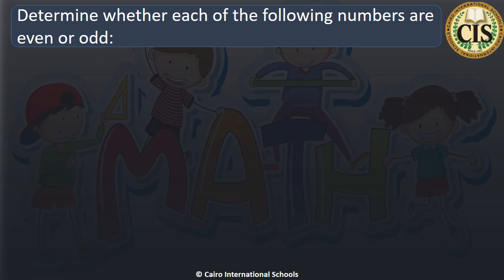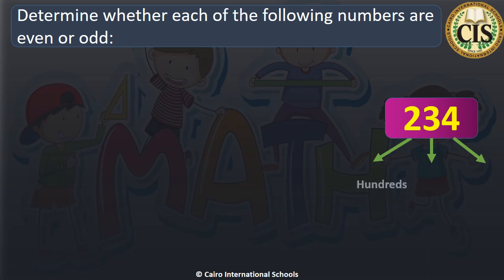Determine whether each of the following numbers is even or odd. How to know whether 234 is an even or odd number? It has multiple digits: 4 in the ones place, 3 in the tens place, and 2 in the hundreds place. So how to decide whether it's even or odd?